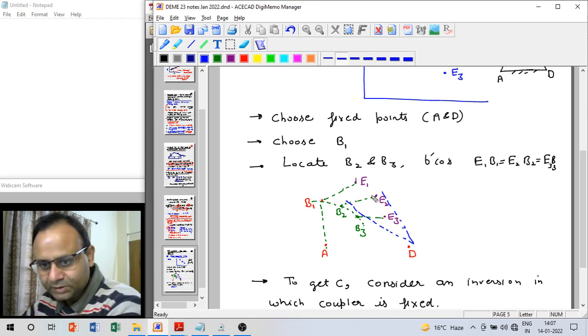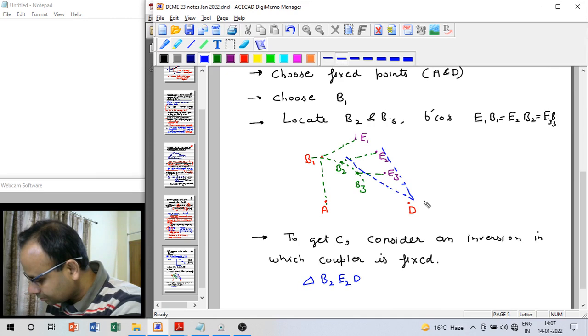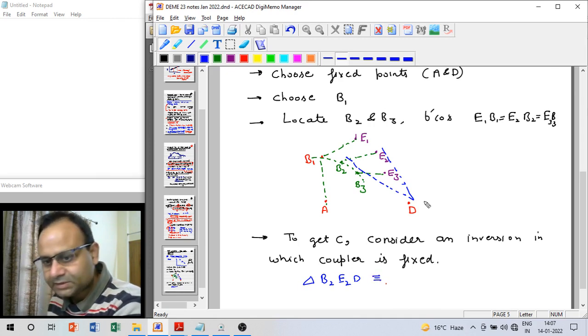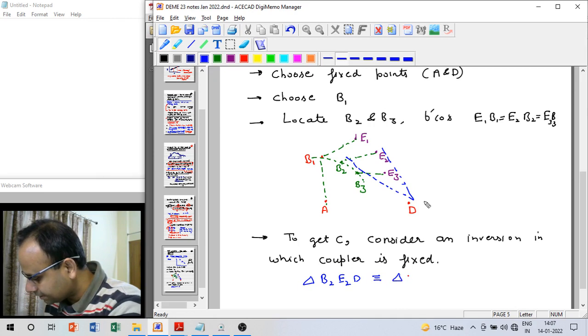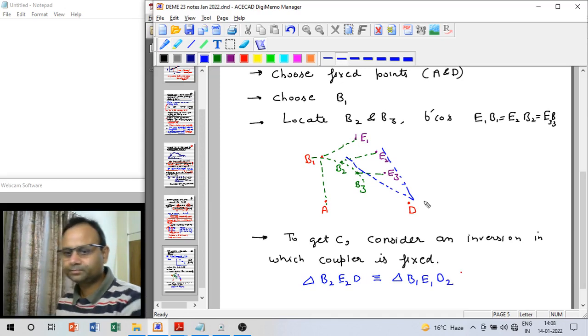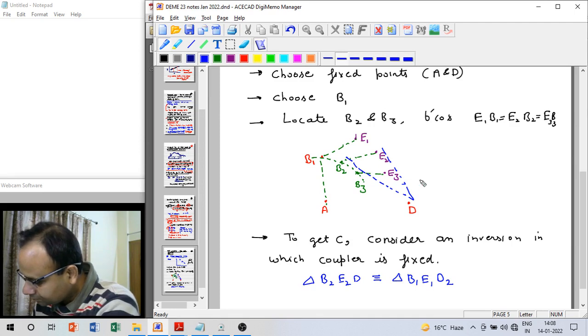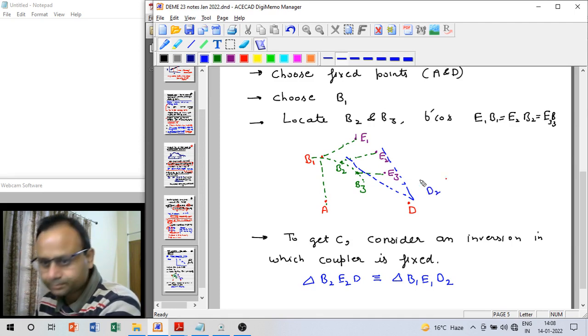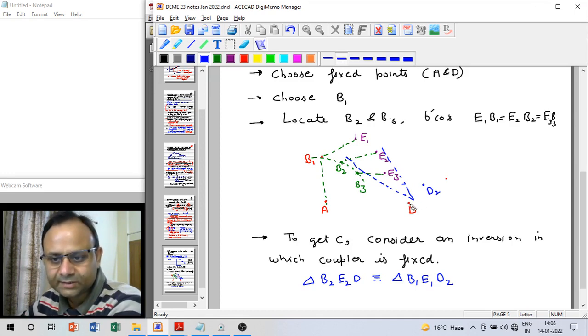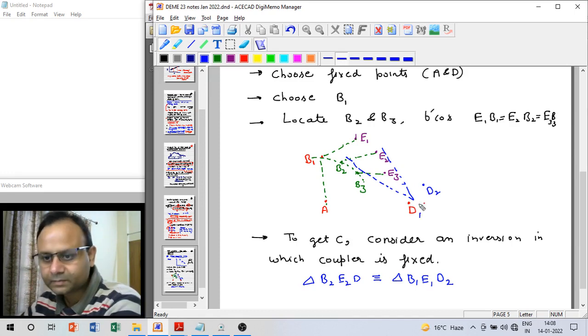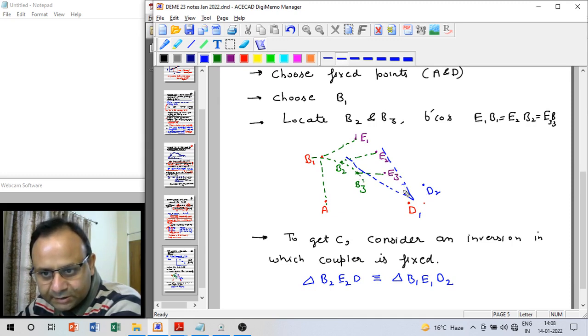So make a triangle similar to this on B1E1, and D will move. Let us call that point D2. Let us say it comes here, D2. This was D originally, we can even call that D1.